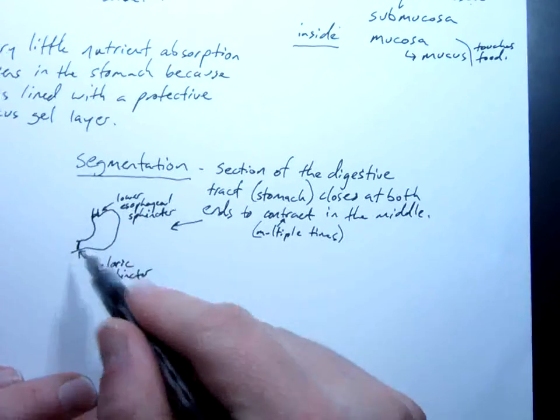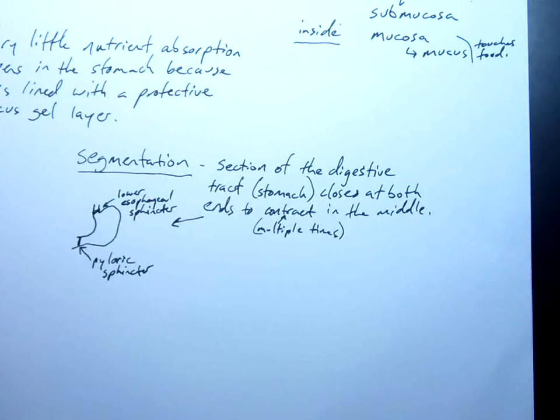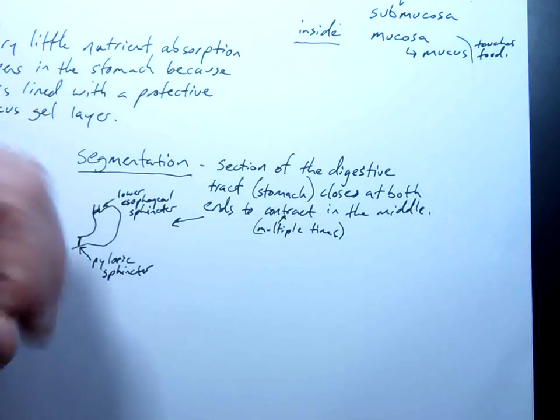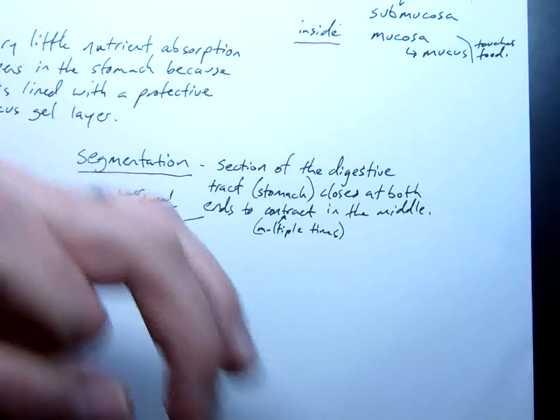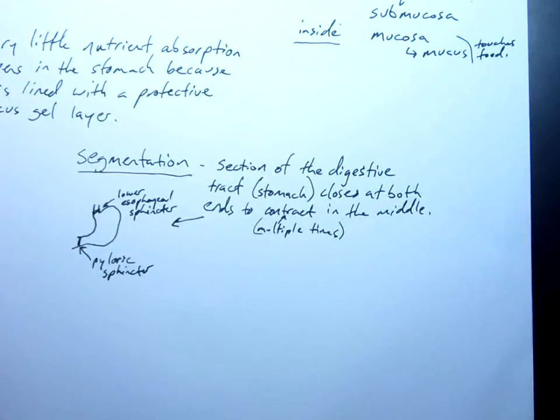Now, this sphincter really only becomes a major issue with babies. A lot of times babies are born with their pyloric sphincter closed a little too tightly, so that even when it opens, it doesn't allow materials to pass through as it should. It's a condition known as pyloric stenosis.